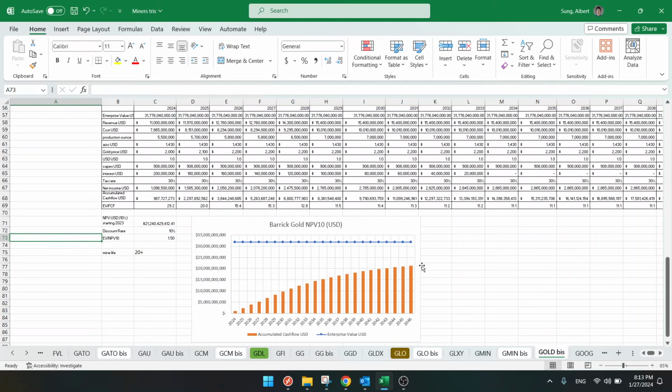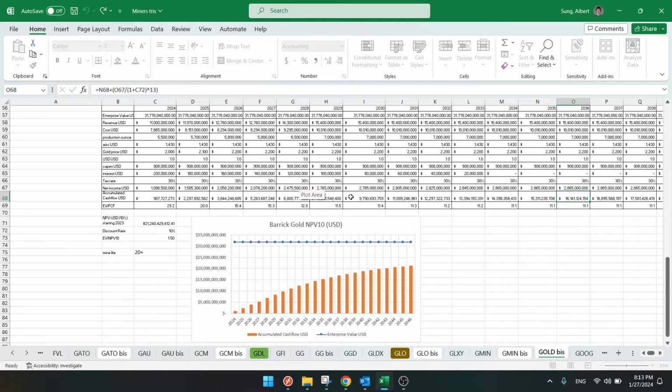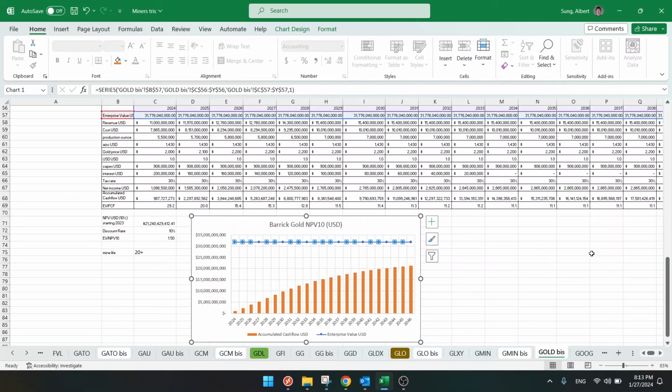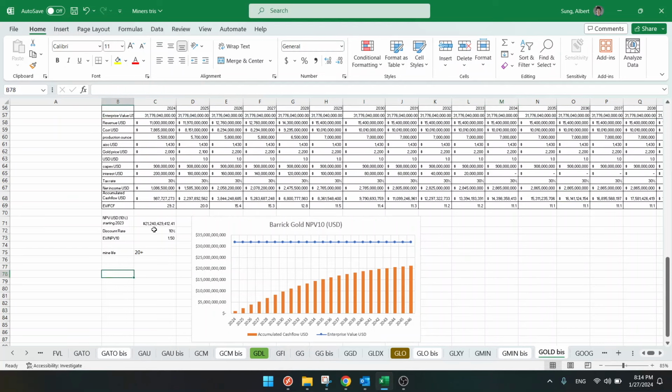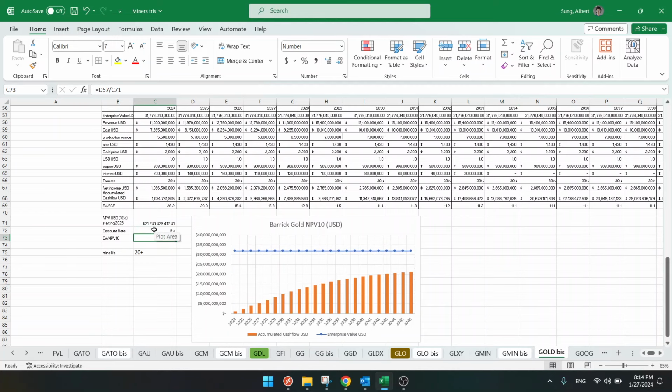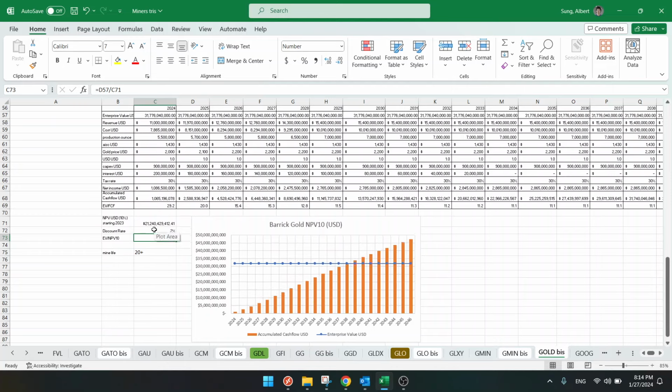And you can extend this, but the longer that you go in the future, the higher the discount, and a high discount rate will make this curve flatten. So you are not going to get to this enterprise value even if you extend this. Now, if we use 5%, then that looks better, of course. 2%, even better.